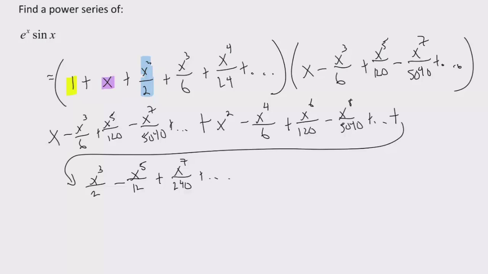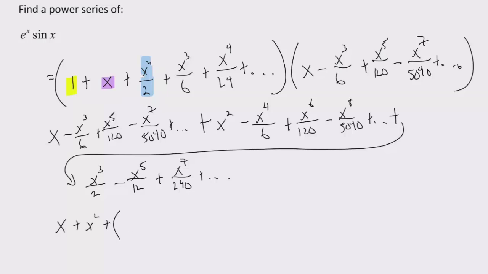Okay, so then I'm going to collect up things that would add together, so like terms. For the first one I have an x, and I only see one x squared in this entire expansion. So there's a single x squared there. X cubed, I see 2 things with it.